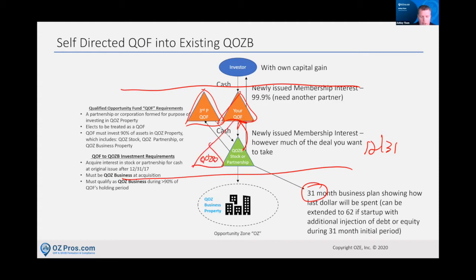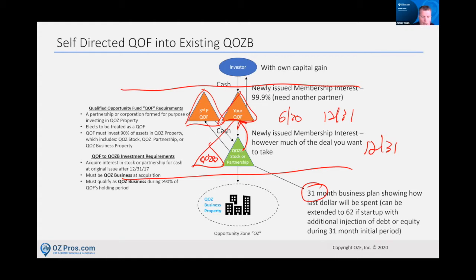As long as they're not doing that on June 30th or 12/31, and they cycle the cash up to the QOF and then back down into another QOZB, then you're going to be fine, and you're going to be okay relative to your testing dates. What you want to be careful of is that you don't leave it up in the QOF too long, because that could once again get wonky with your 90% calculations.